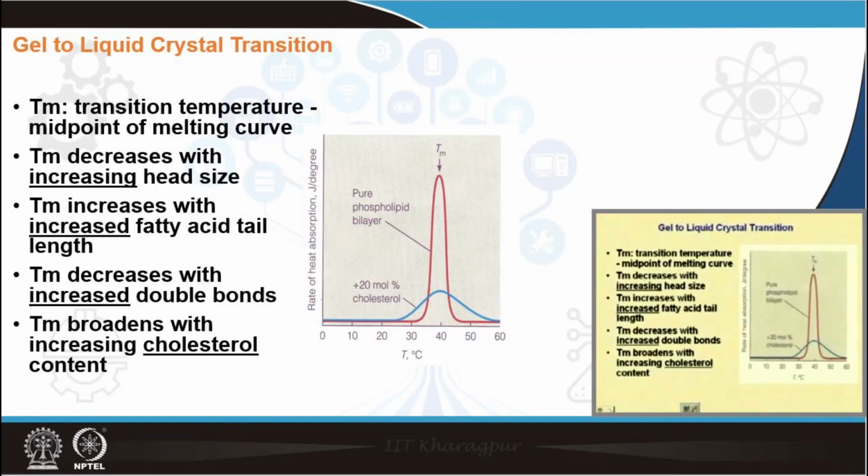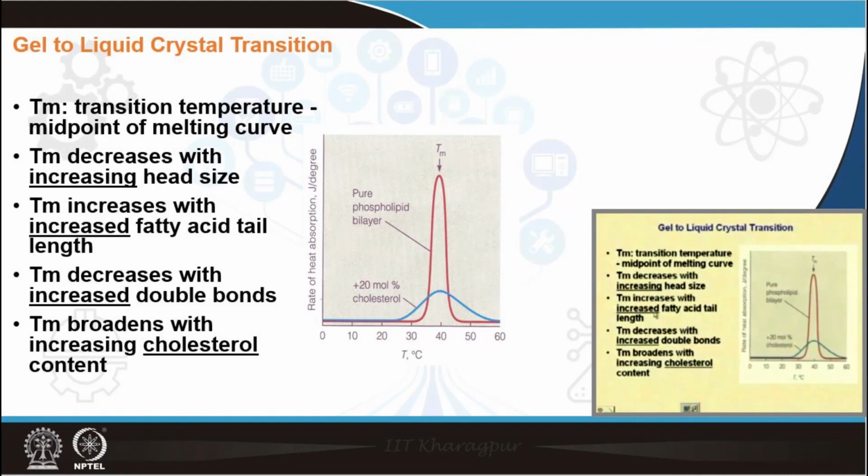That is the difference. If we have any property that is going to disrupt the structure, we will have a lower Tm. So, if we have increasing head size that is not going to allow a proper packing, we are going to have decreased Tm.